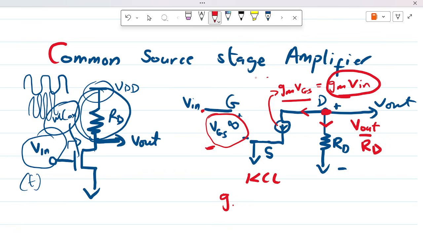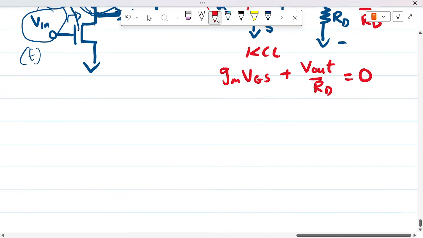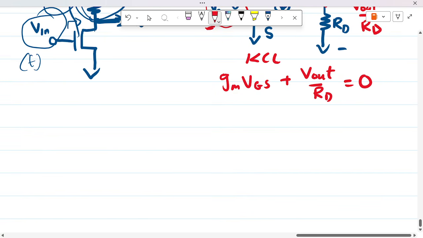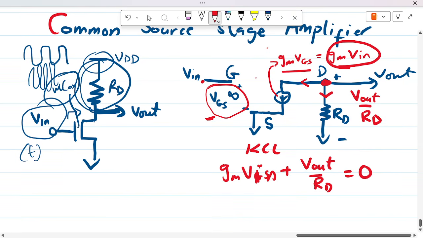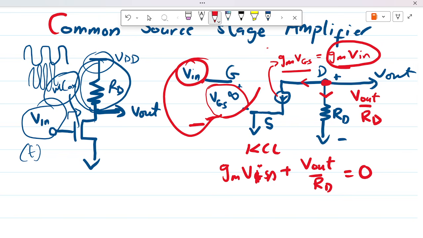So I have gm VGS plus Vout over RD, and they should all be equal to 0. Instead of VGS, I just have to make this Vin. I already explained that VGS would be the same as VG with respect to ground, Vin with respect to ground.